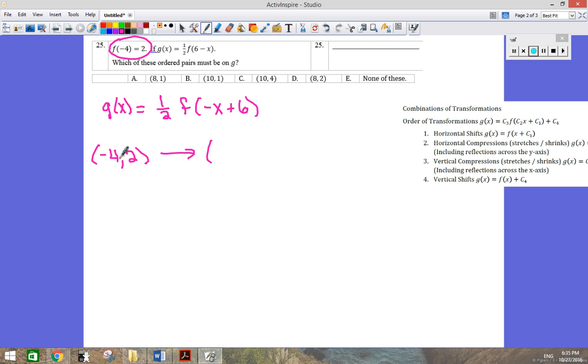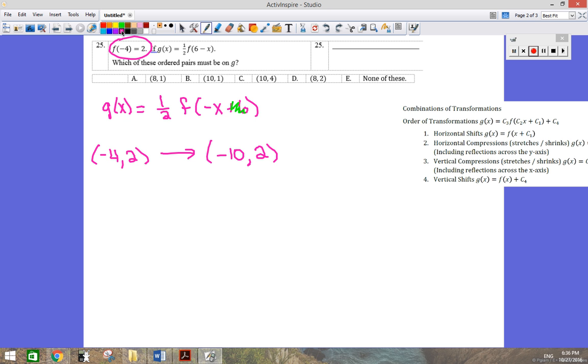We're actually going to subtract 6. Negative 4 minus 6 is a negative 10. Oops. I left the y-coordinate alone because all I did was deal with this plus 6, which was actually subtracting 6. Now the negative sign.